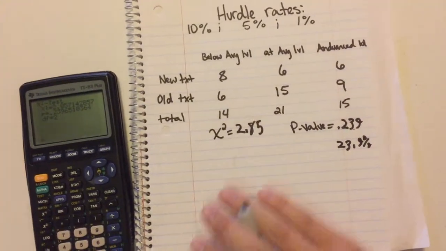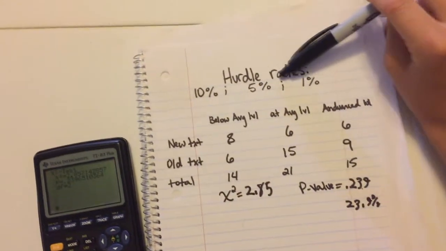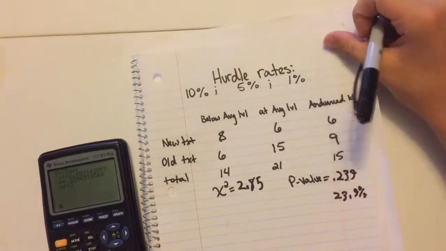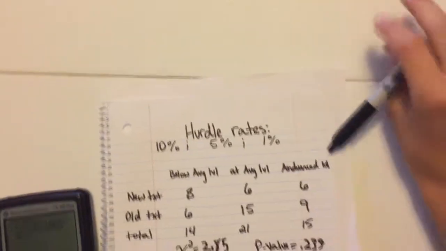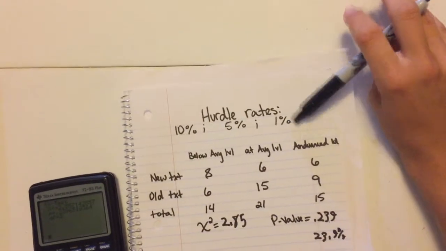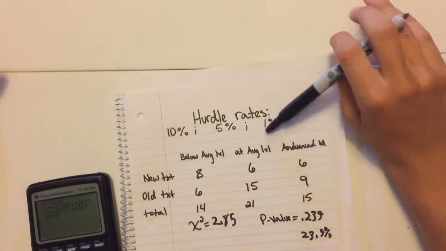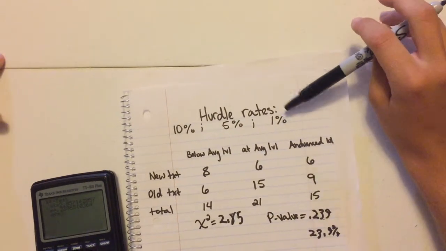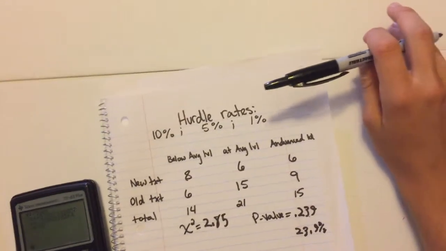So we have to make a decision now. We've got our hurdle rates up here, and our hurdle rates are what we have to clear in order to say this thing is true. If we pass our hurdle rate, we get to reject our null hypothesis. You can technically make your hurdle rate anything, but people like to stick with 1, 5, and 10 because those are reasonable numbers.